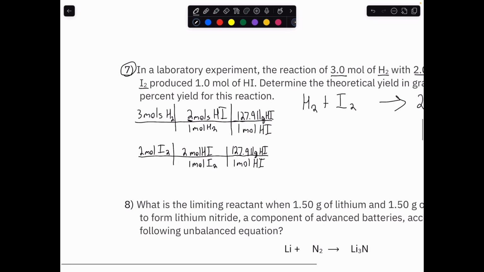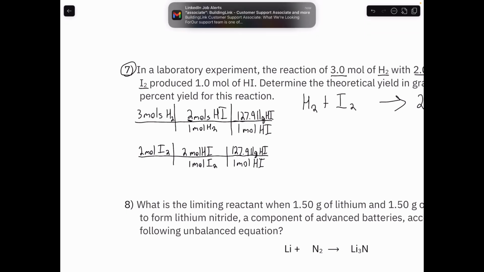And so from there, once we solve them both, we should get our limiting and excess agents.